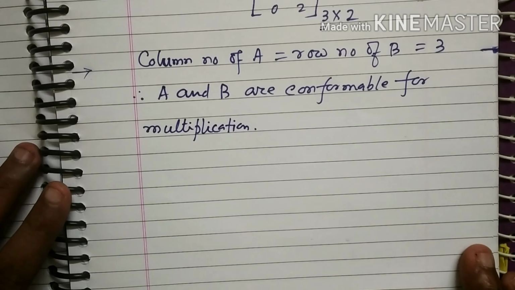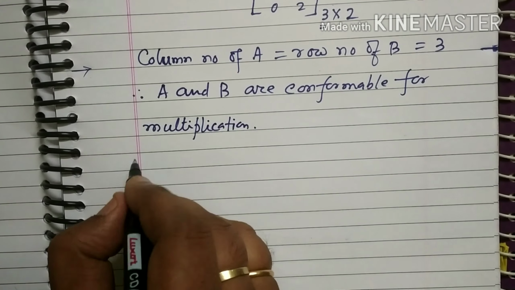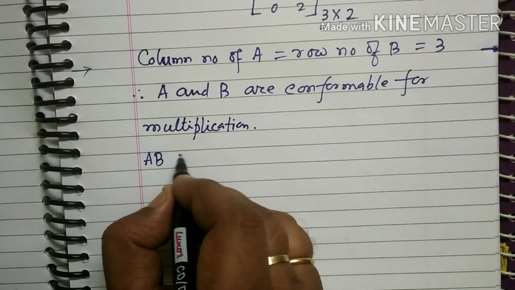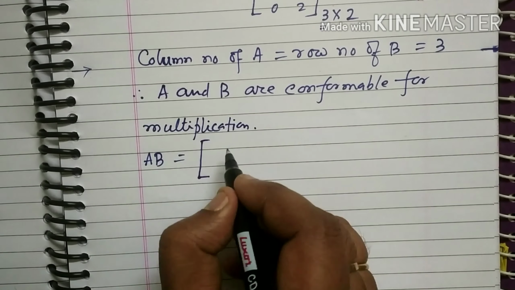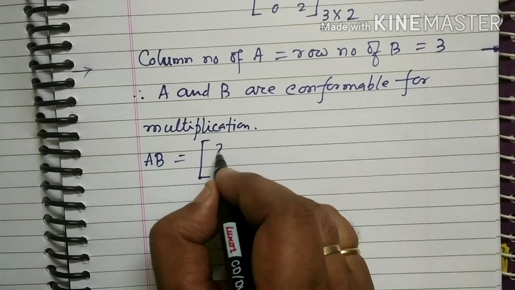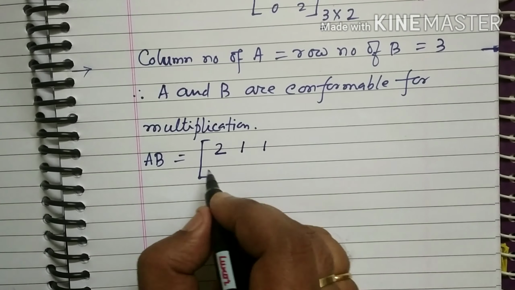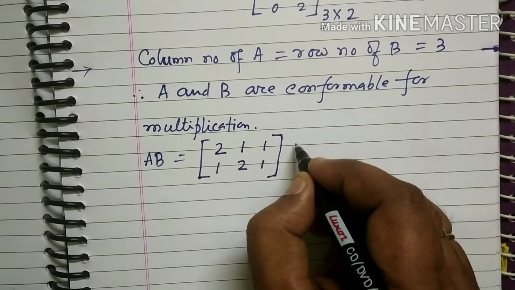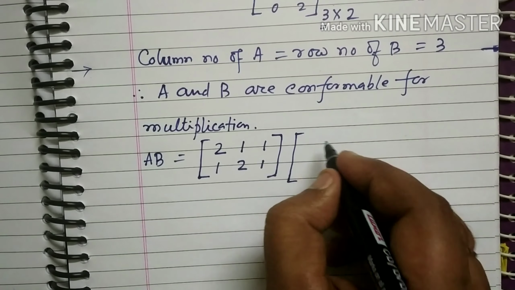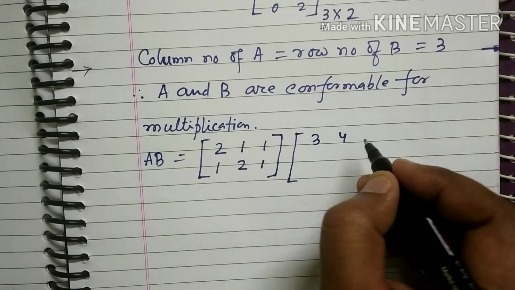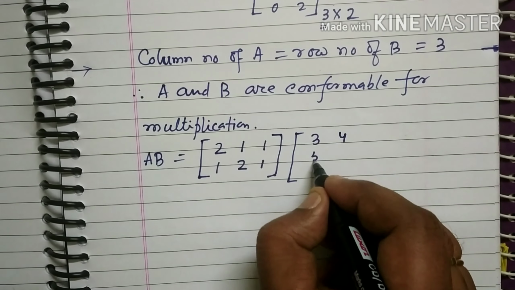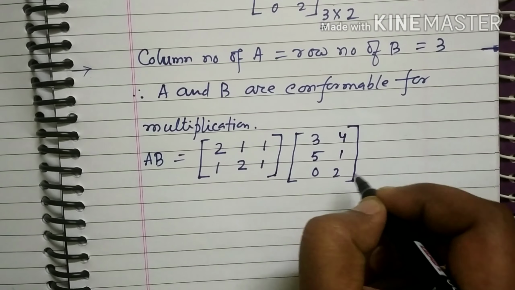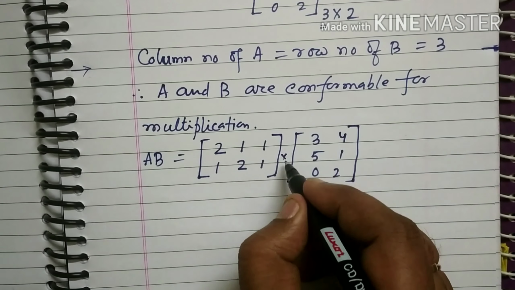Next, now AB. Now I want to calculate AB. So you write down 2 1 1, 1 2 1, multiplied by 3 4, 5 1, 0 2.